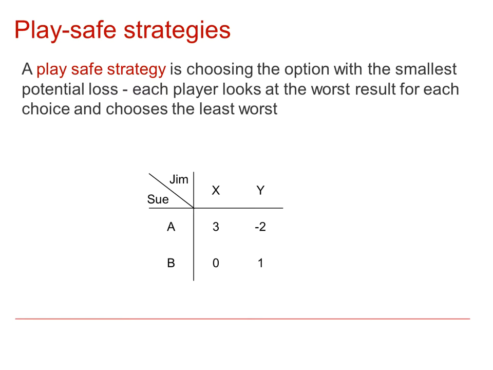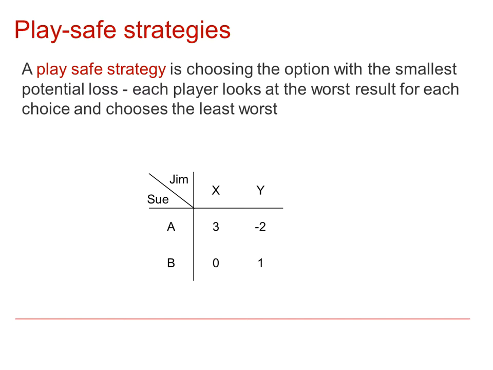What's called a play-safe strategy is one where we try to minimize the risk. Both players will try to make their potential losses as small as possible. Remembering that this is the payoff matrix for Sue, the worst that can happen to Sue, as we've already discussed, if she plays A, is -2.